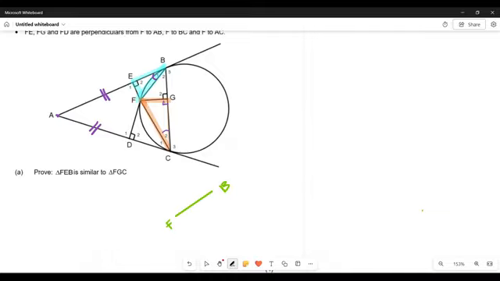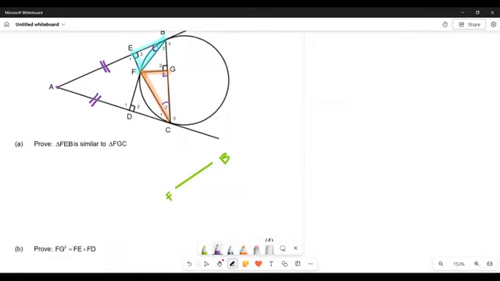So this is my chord, and I have a triangle, and this is my triangle that is formed. This is my point C, right? So let me just try and represent that chord. So this would be my circle where it passes. So this is a chord, right?